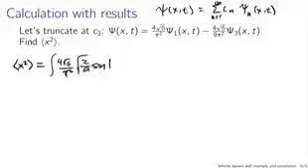So we're just dealing with psi 1 now. We have pi x over a. We have to include the time dependence now, since I'm looking for the expected value of x squared as a function of time. And we have e to the minus i times pi squared h bar squared t over 2ma squared, all divided by h bar, or I could just cancel out one of the h bars here.